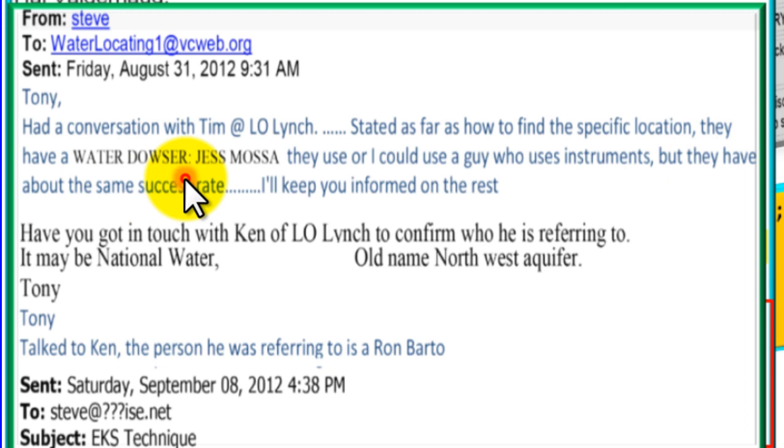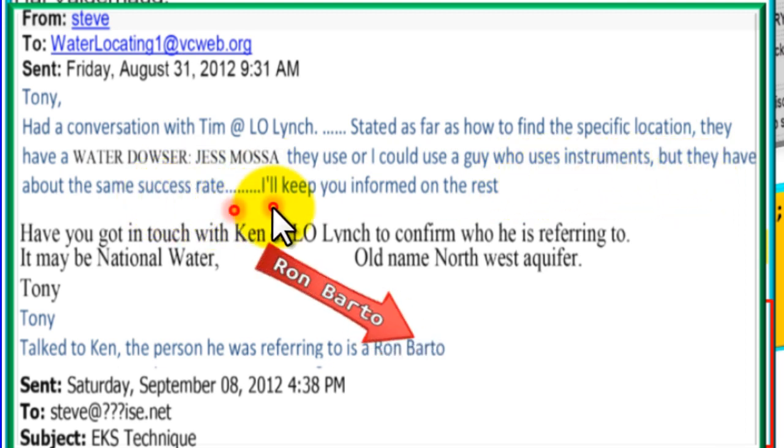They have a water dowser, Jess Mosa, they use, or he could use a guy who uses instruments, but they have about the same success rate. Have you got in touch with Ken L.O. Lynch to confirm who he is referring to? It may be National Water, old name Northwest Aquifer. Person he was referring to is a Ron Bartow.